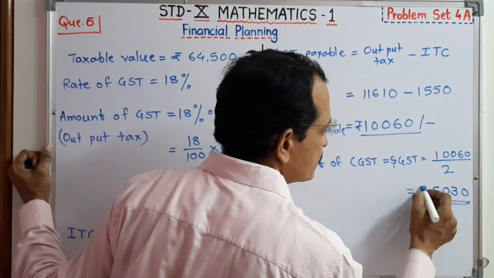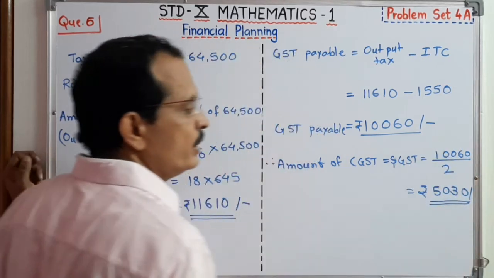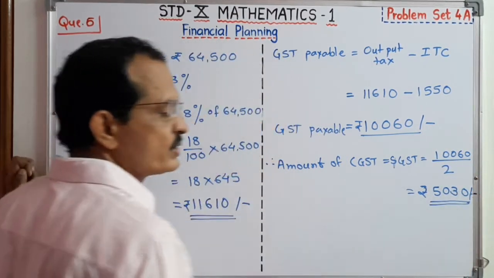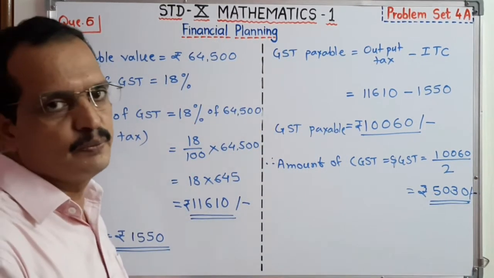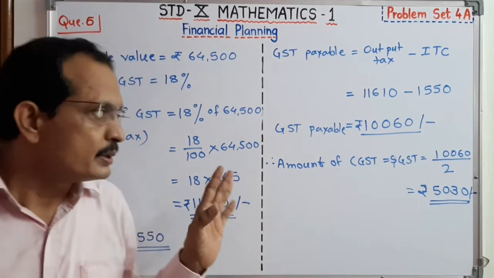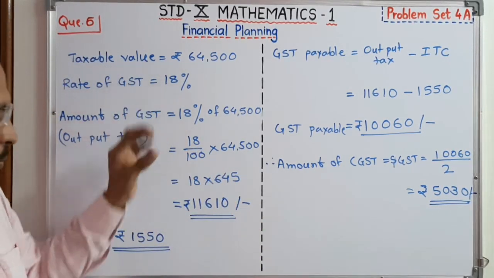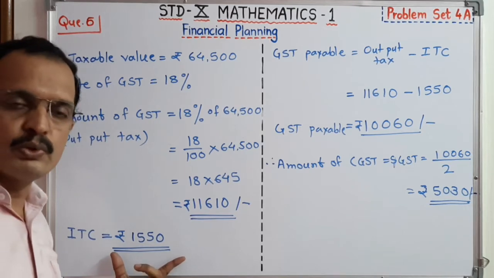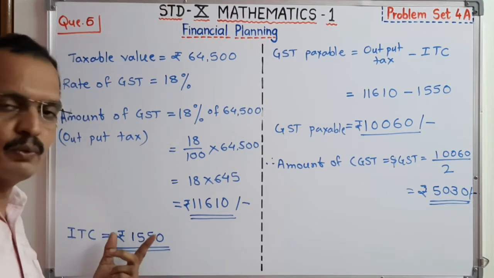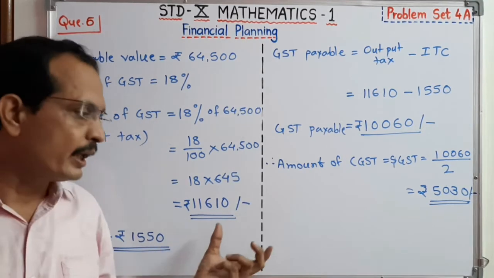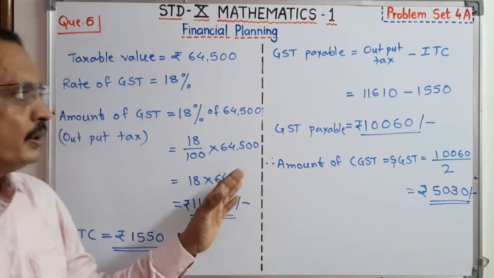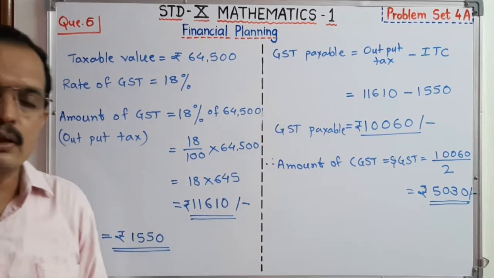Therefore rupees 5030 is the amount of CGST and SGST. Very simple. We just have to find out 18%. You must know ITC is already given, 1550, and the GST is paid. Now very simple, write it down.